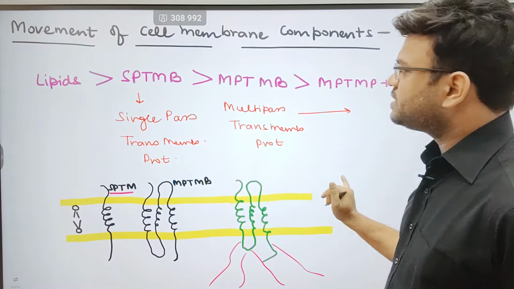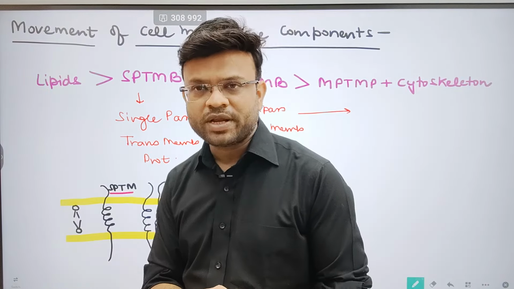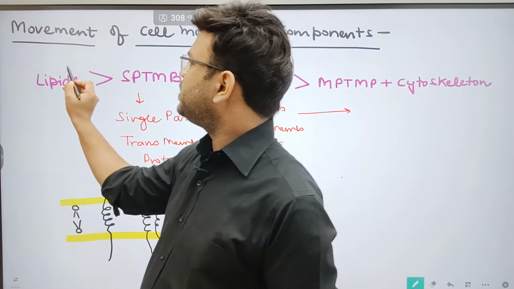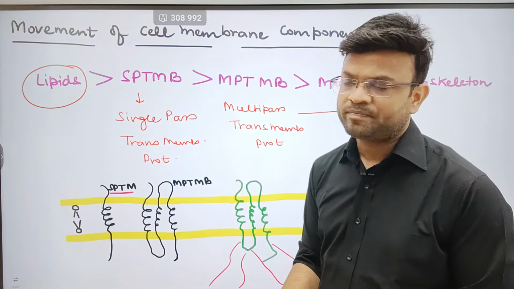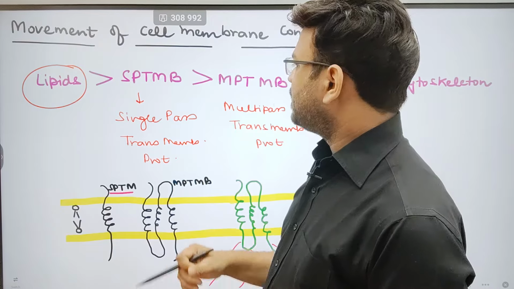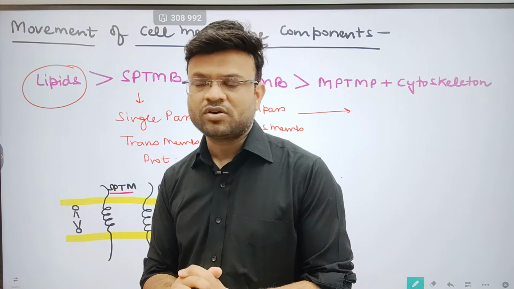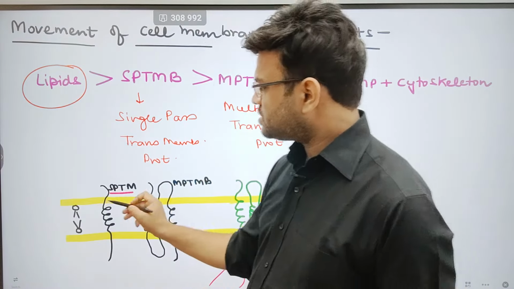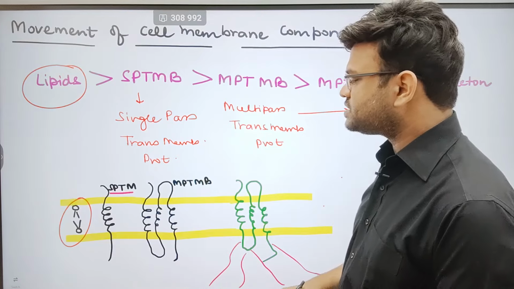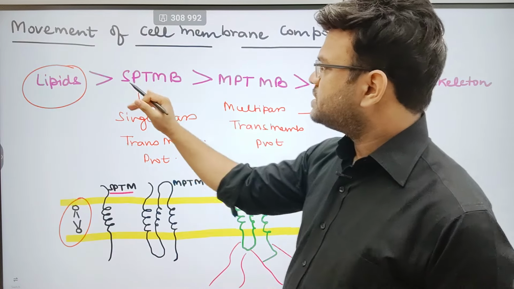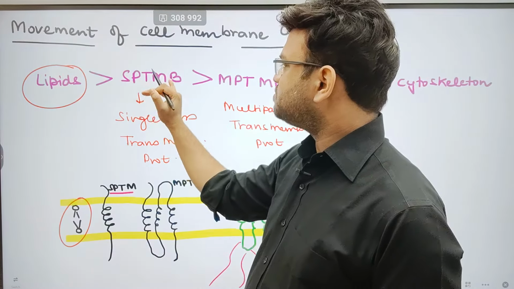If I am saying that amongst the components of the plasma membrane, the lipids would be moving the highest, or lipids would be showing the highest mobility. Proteins would also be mobile, but lipids would be the most mobile components. So this is the phospholipid. It will be showing the highest mobility. Next, single pass transmembrane protein.